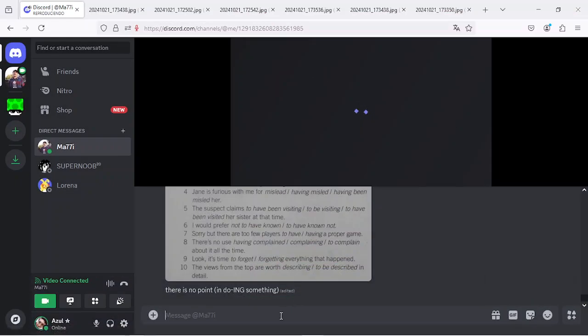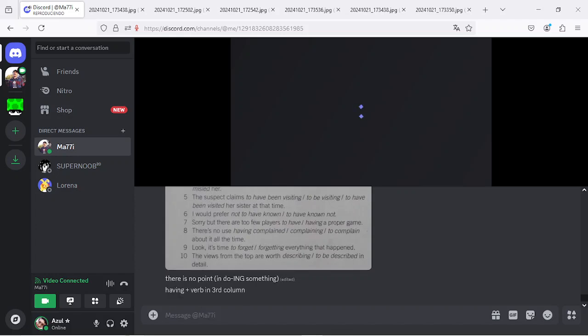This exercise, this activity, I think it's really useful because we can see some grammar structures on the fly. Maybe I should look them up later so you can have them all together. But when we say having plus a verb in the third column, like having done something, what does a verb in the third column mean?